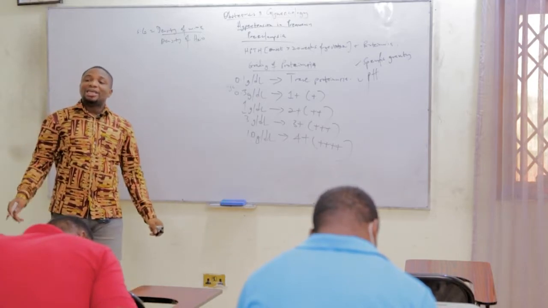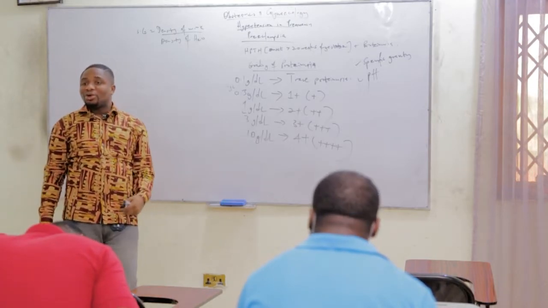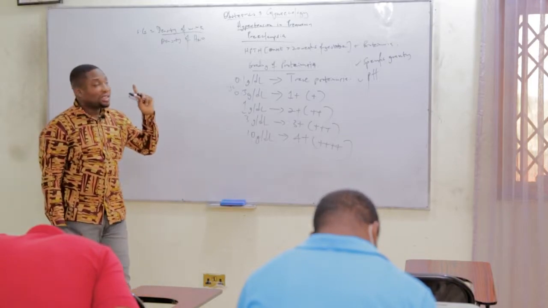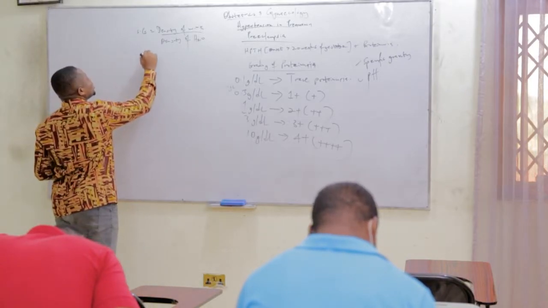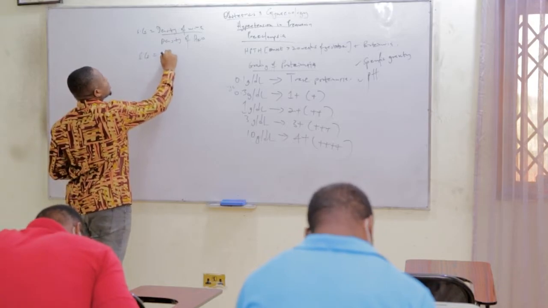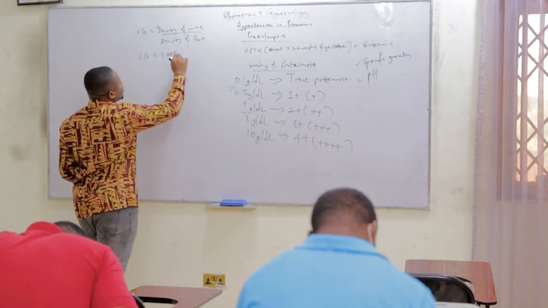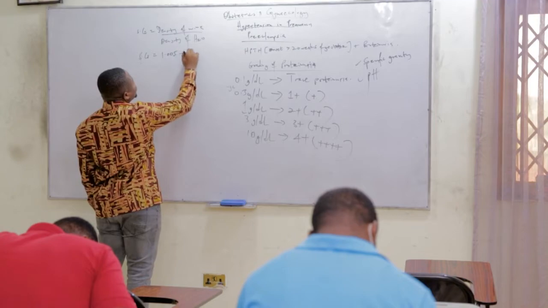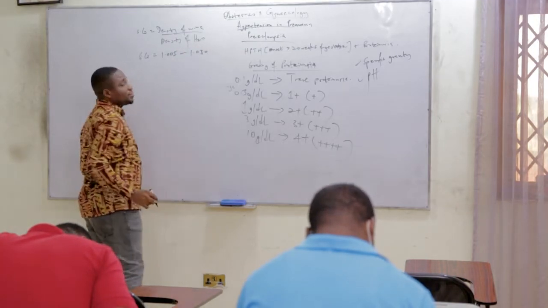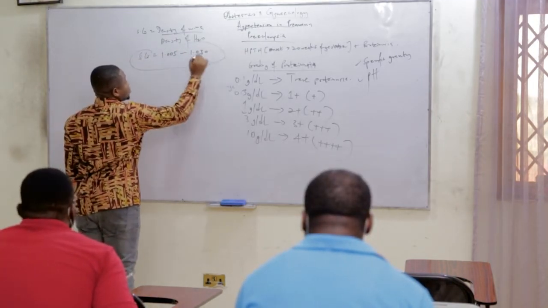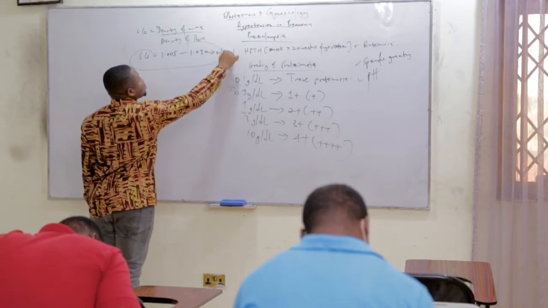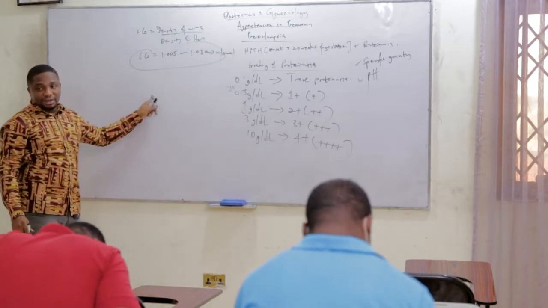It will decrease. If the quantity of water is going low, what will happen to the specific gravity? It will increase. So in this case, the normal specific gravity can range from 1.005 to 1.030. The normal can range like that, okay?